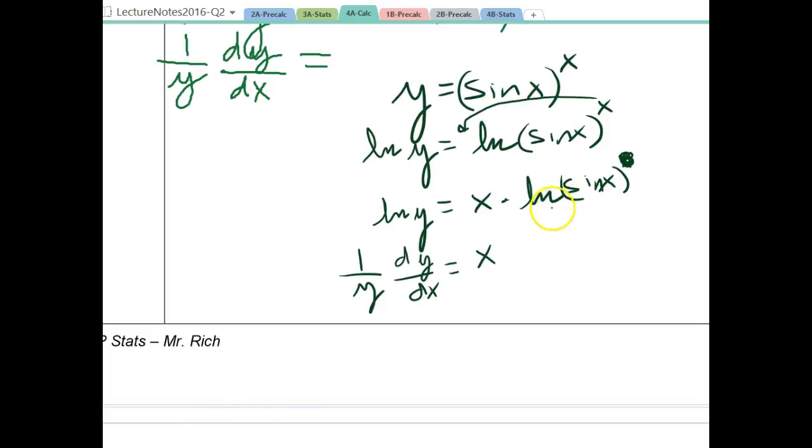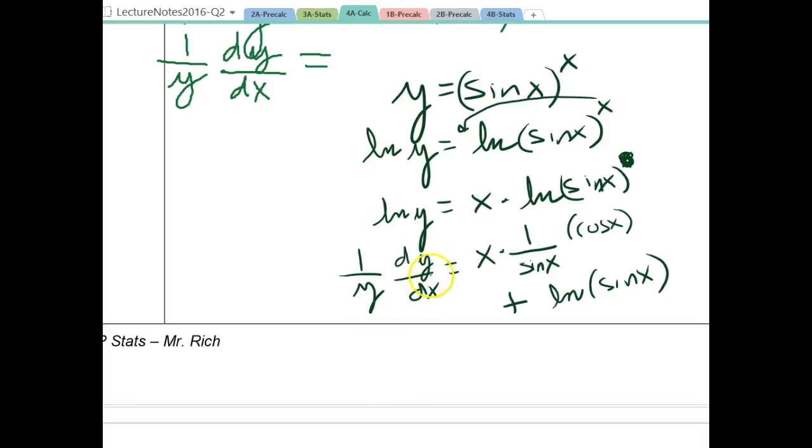The derivative of the natural log of sine x is going to be 1 over sine x times the derivative of the inner, because the derivative of the natural log of something is 1 over the something times the derivative of the something that's inside, and the derivative of sine x is cosine x. And then plus, I take the derivative of x, which is 1, times the natural log of sine x.